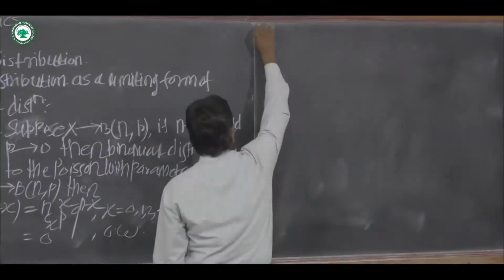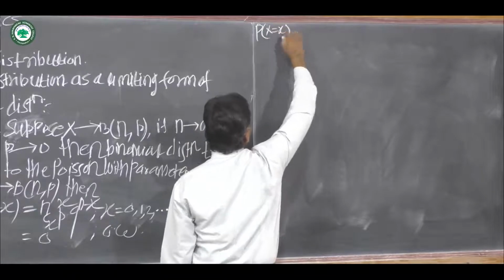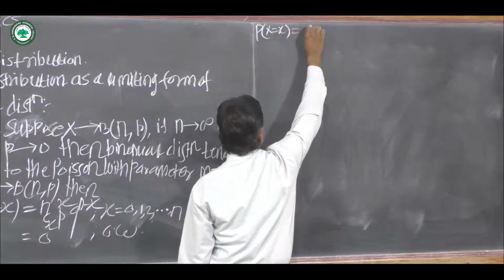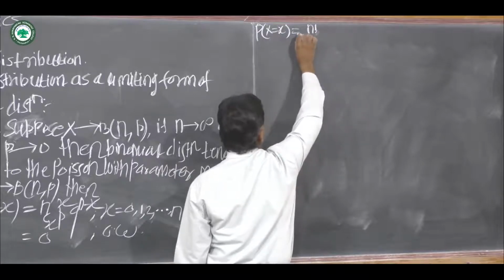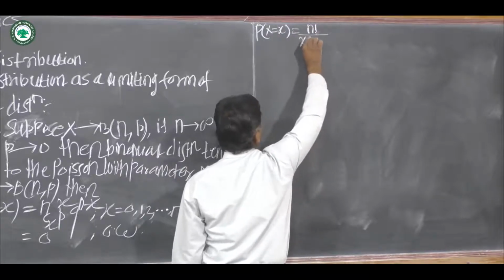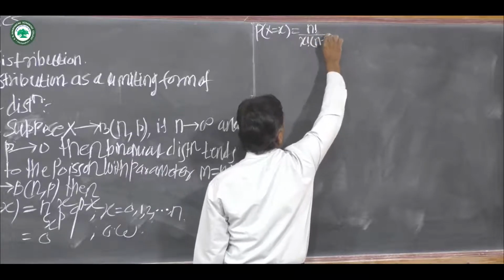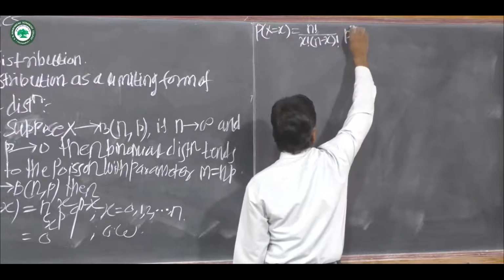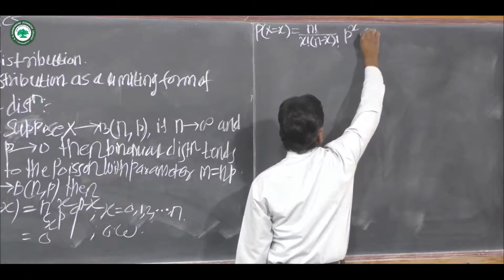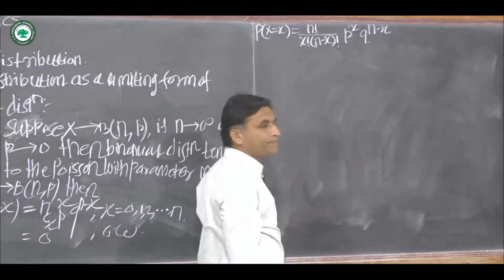Now probability of x equal to small x is equal to n factorial upon x factorial into (n minus x) factorial into p raised to x into q raised to n minus x.